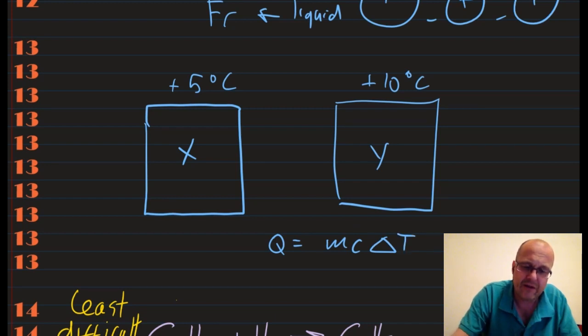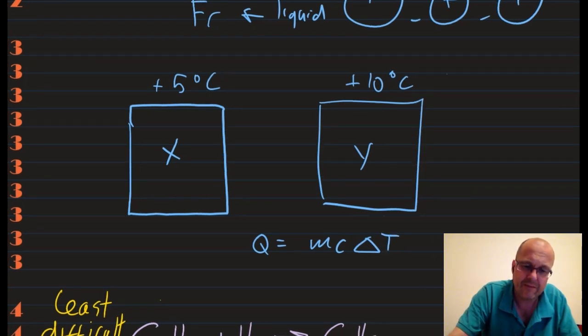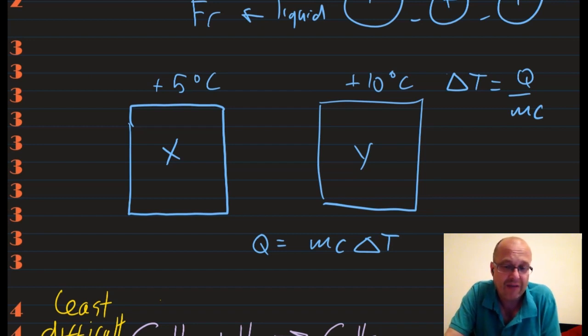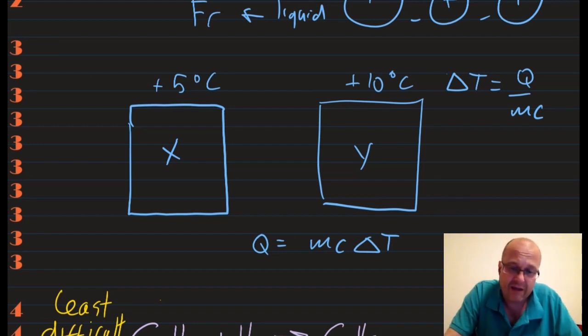And so delta T equals Q over MC. So delta T is the change in temperature. Q is the same. They said it's the same amount of energy, and the mass is the same. So that gives me the change in temperature is proportional to 1 over the specific heat capacity.